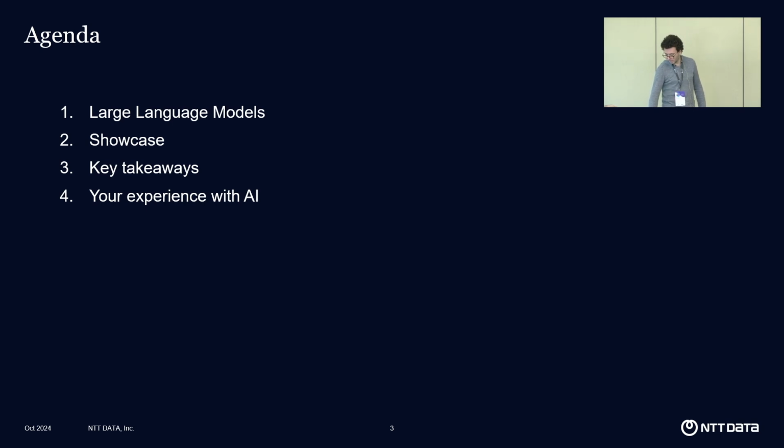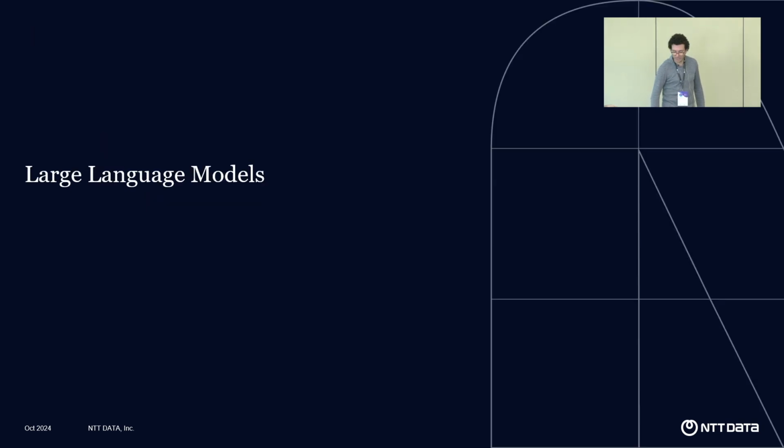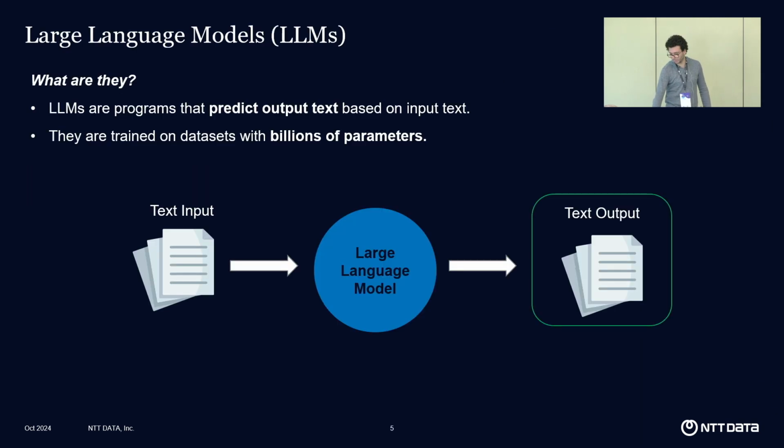Now, when we speak about AI, mainly we're talking about large language models, okay? And what are large language models? Very basically, these are programs that can recognize and generate speech, okay?